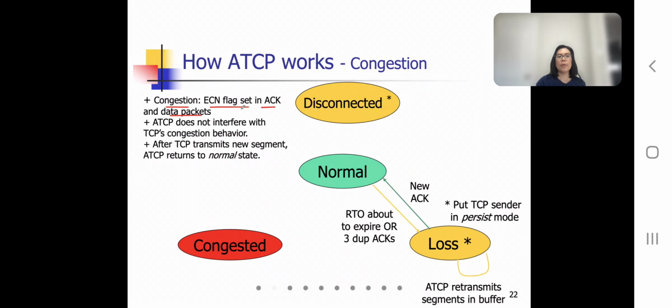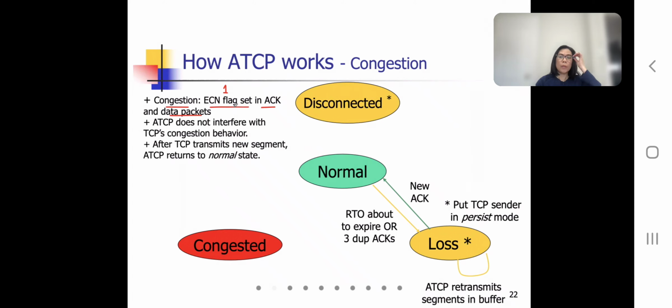Every router examines the IP packets, and if the router is experiencing congestion, it will set this flag to 1 in that IP packet. Then ADCP will examine this flag and determine whether there's congestion in the network or not. That's the job of ADCP.